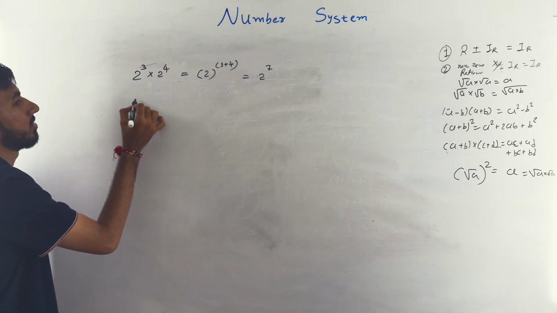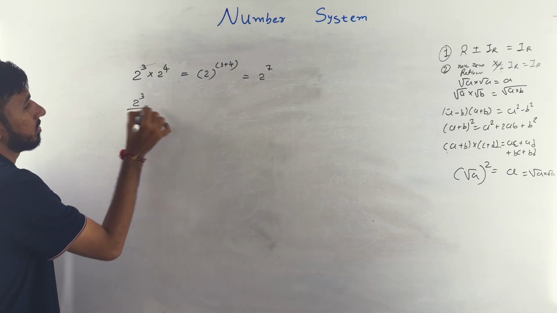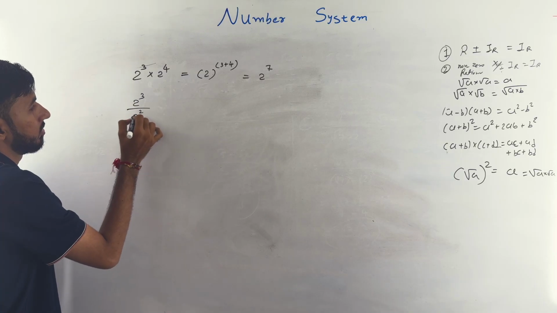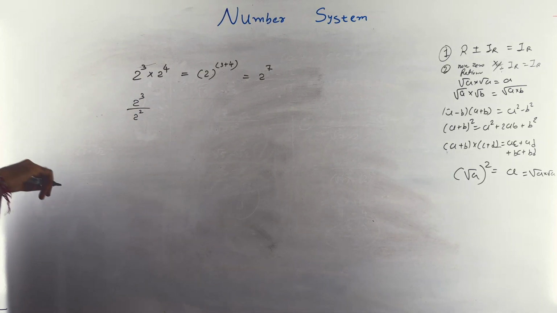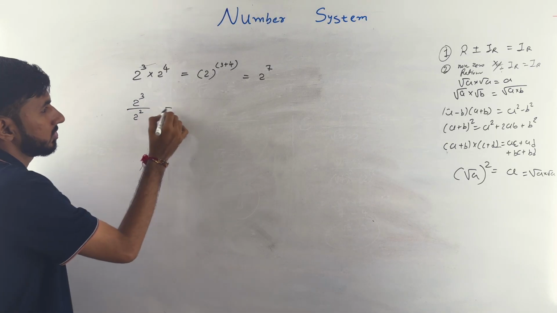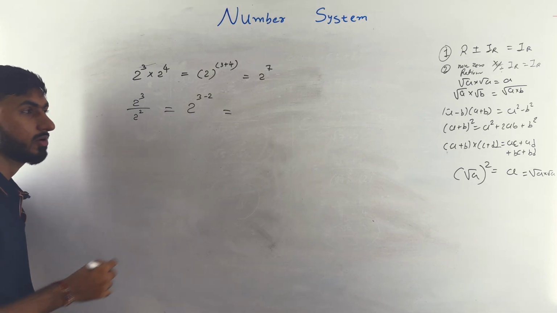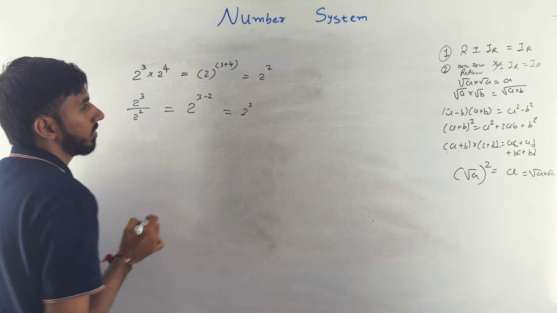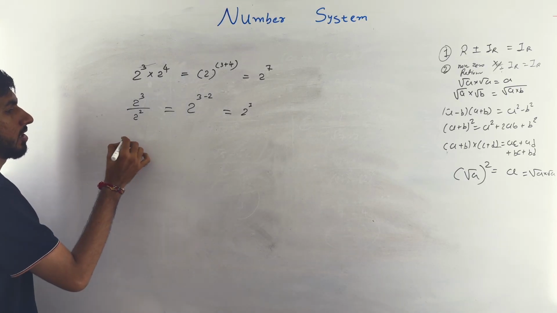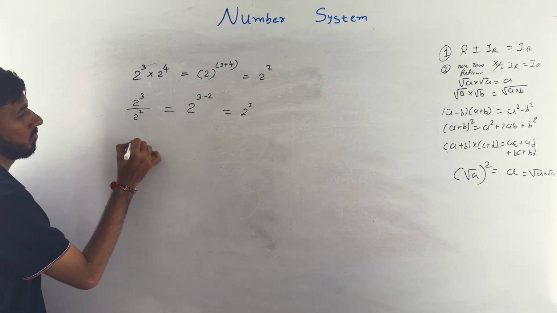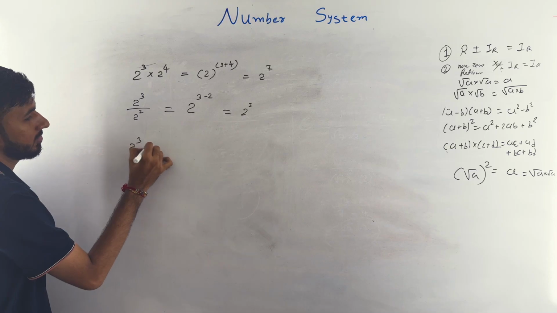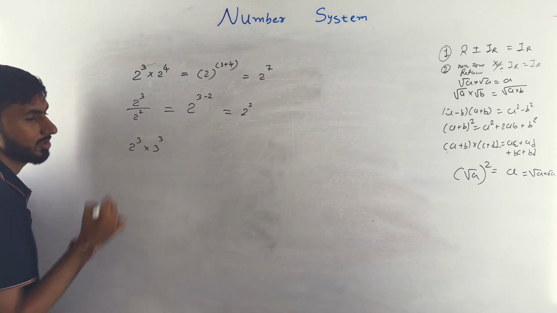In the second case, if there is a division, what will you do? Here we have the same base, so you just simply subtract the powers. So our answer will be 2 power 1. You all know that. Now what if we have 2 power 3 multiply 3 power 3?